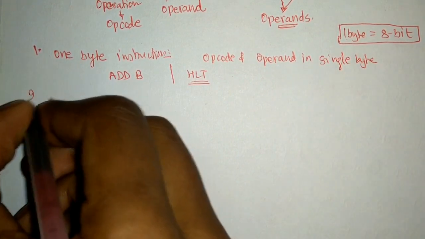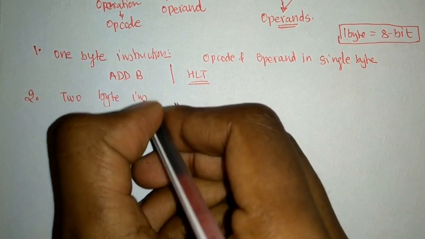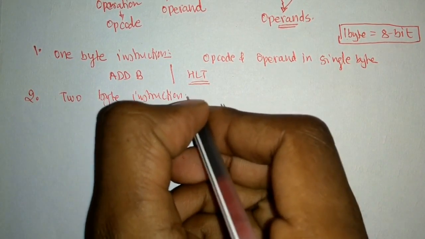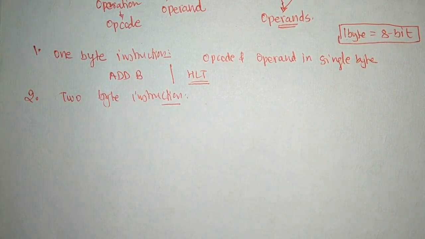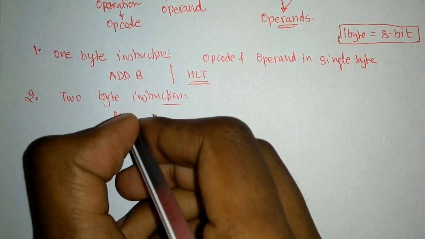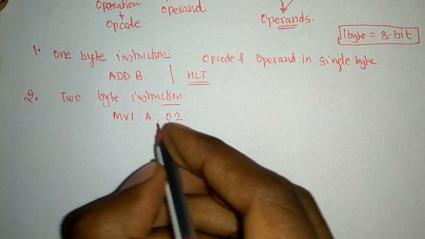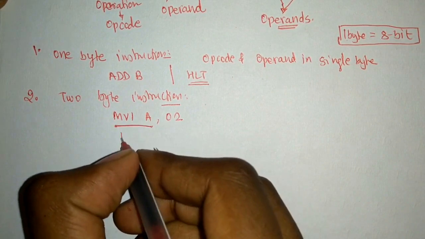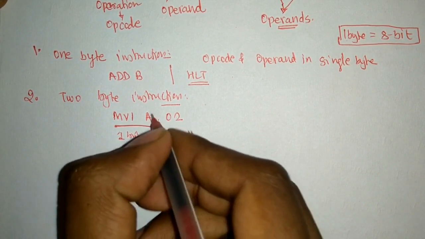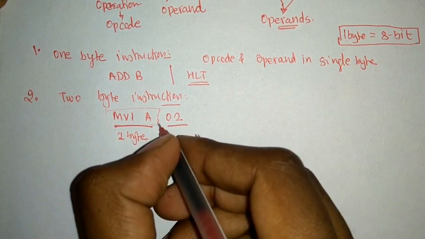The second that we can have is a 2 byte instruction. A 2 byte instruction means there will be an opcode taking, let's say, 1 byte, and then there will be an operand taking another byte. For example, when I say MVI A, 02, what I mean here is that this is my 1 byte, to say move into A. And to say what I need to move, this data will be coming in another byte.